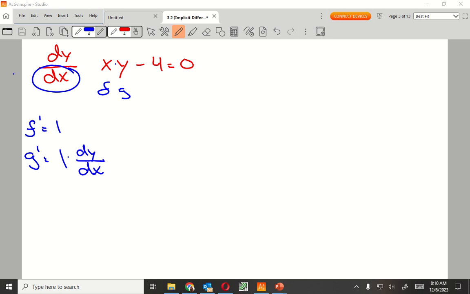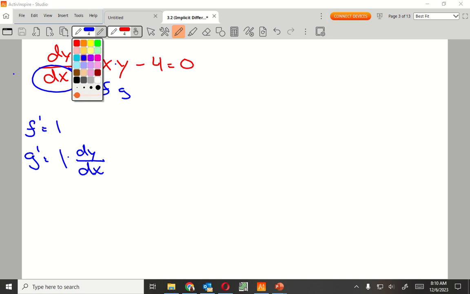Okay, so let's continue with the product rule. So now, what about that minus 4? What's the derivative of negative 4? 0, right? Negative 4 is a constant, so the derivative of a constant is going to give me 0. So let's go through and do that product rule now.